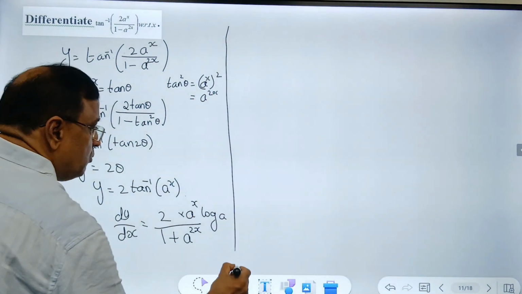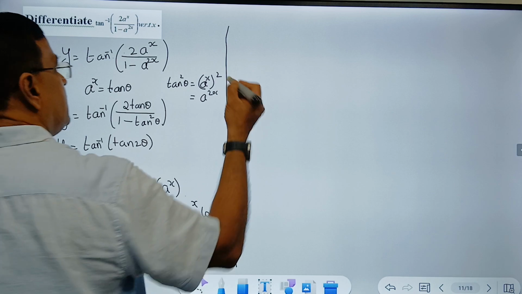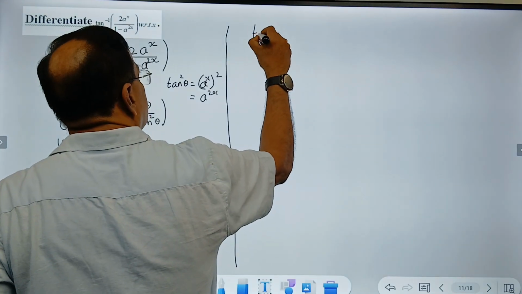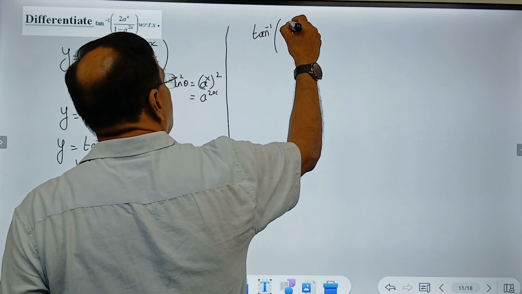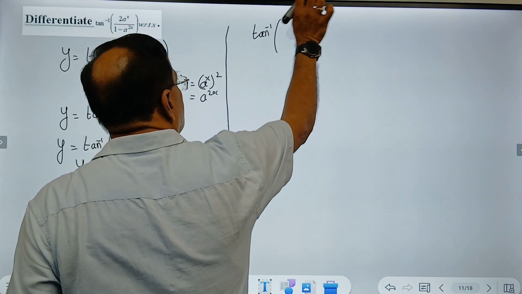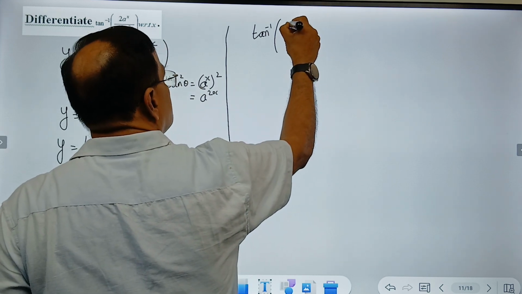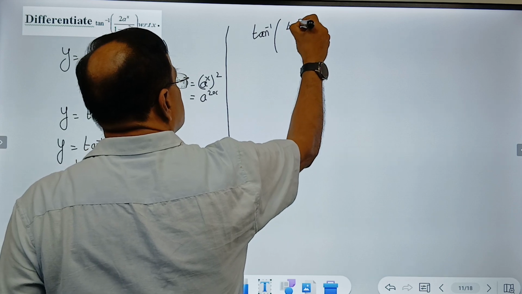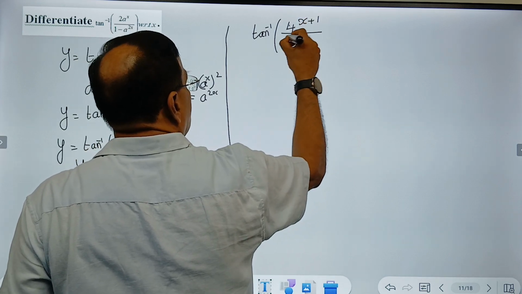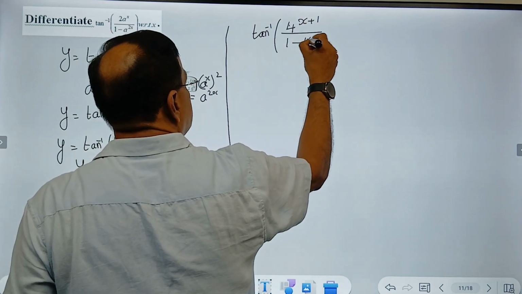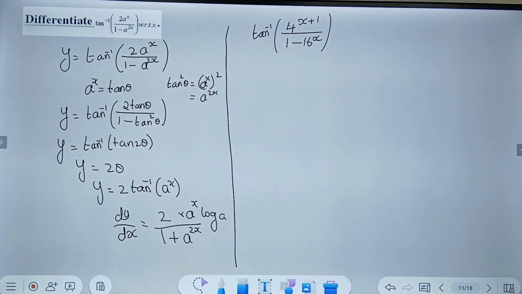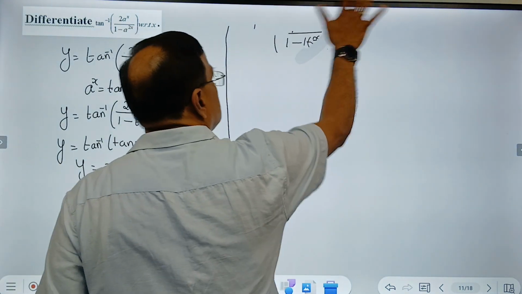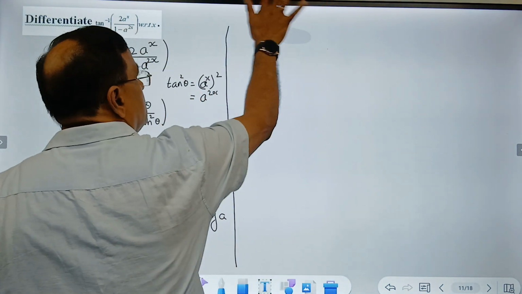Okay. Maybe I'll just do one more question similar to this, which is there I think in the NCERT book. Say for example, I want to differentiate, what question should I ask?